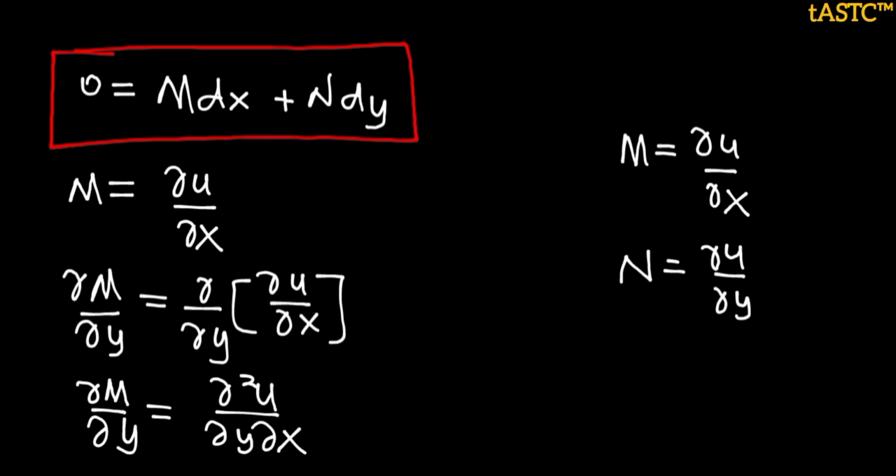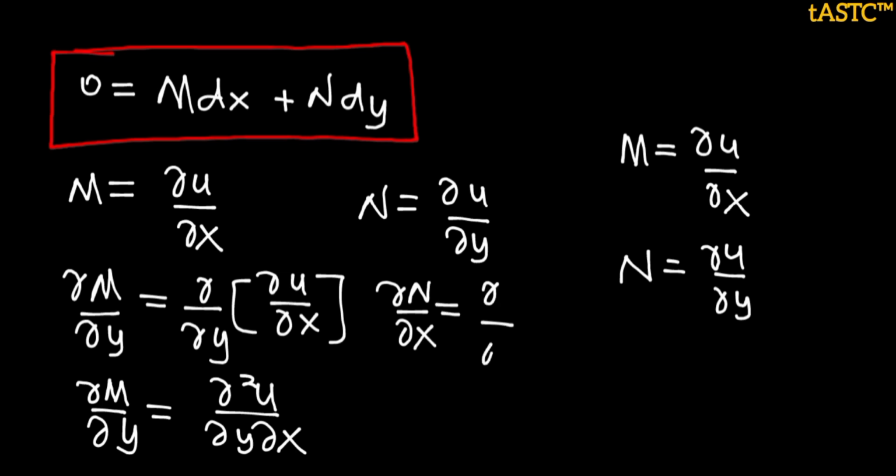Now let us try it for the function N, that is partial u, partial y. In order to do this, we need to take the derivative of both sides with respect to x. So this is actually going to be partial N, partial x, and this will be equal to partial x of this function.